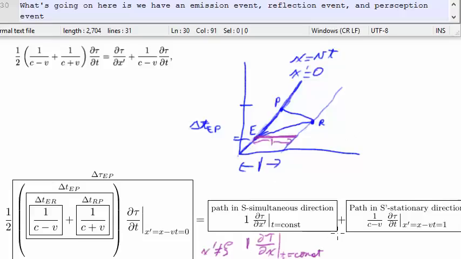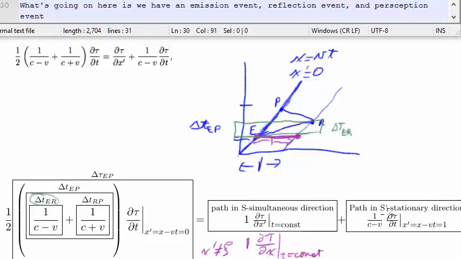They're not. This isn't going to be the same, which is something established a little bit later on in the paper. But anyway, we're going to find out how much the time changes going from here to here, and then we're going to find out this part, which is going from this point in time to this point in time, and that is the time from emission to reception, delta t ER, emission to reflection, which is this right here, 1 over c minus v.